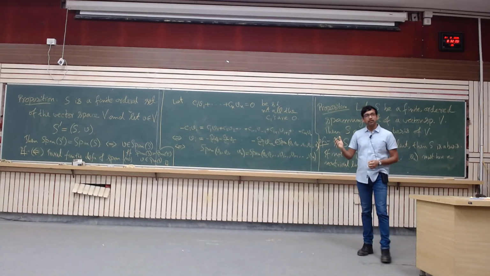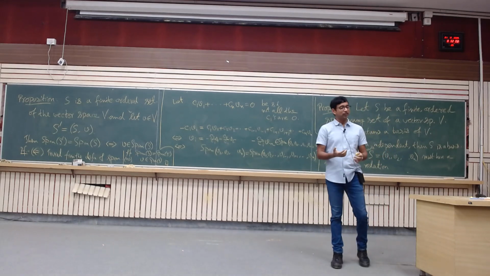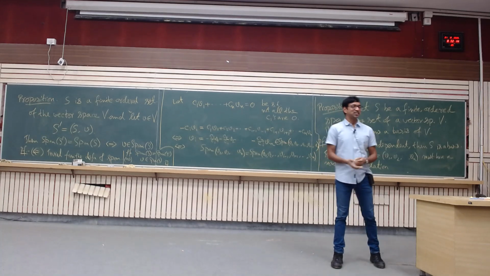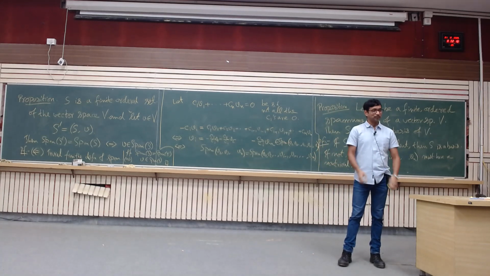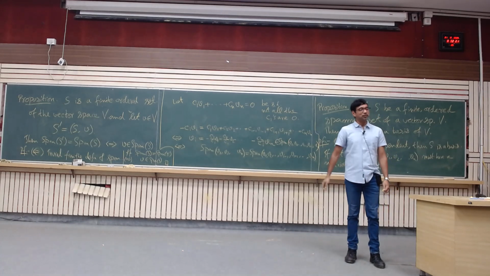Okay, so what vectors could be a basis for the empty set? Give me an example of a generating set for the space 0. Just take 0. Very good. Is 0 a linearly independent set?